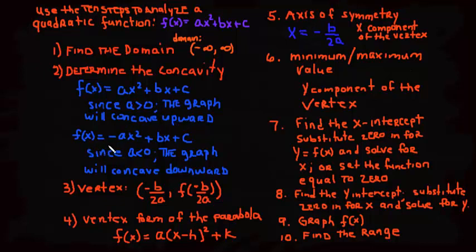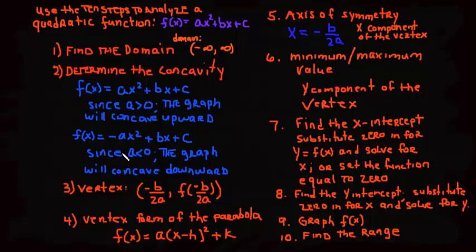Now, for f of x is equal to negative x squared plus bx plus c, since in this case a is less than 0, the graph will concave downward.